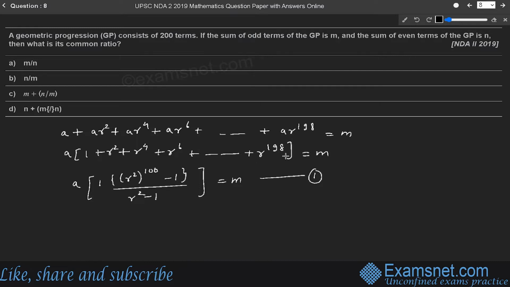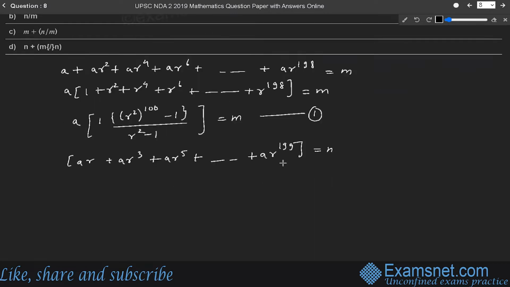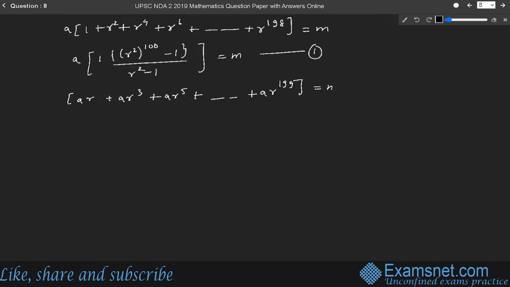And we know that sum of even terms is equal to n. It is given in the question. So AR plus AR cube plus AR power 5 plus so on up to AR power 199 is equal to n. Taking AR common from all the terms, it will be 1 plus R square plus R power 4 plus so on up to R power 198.